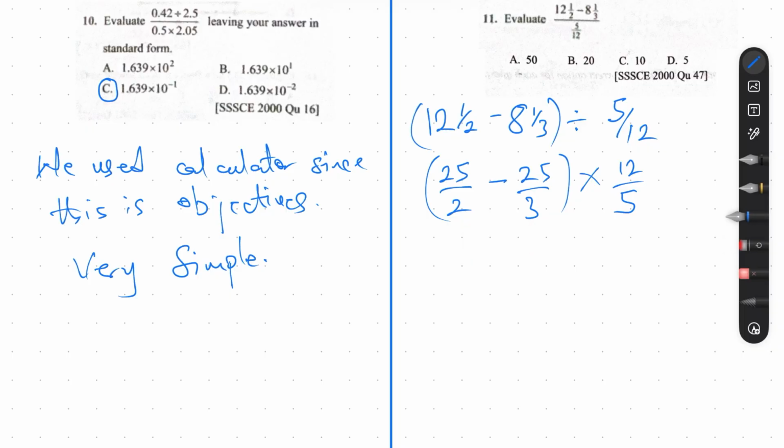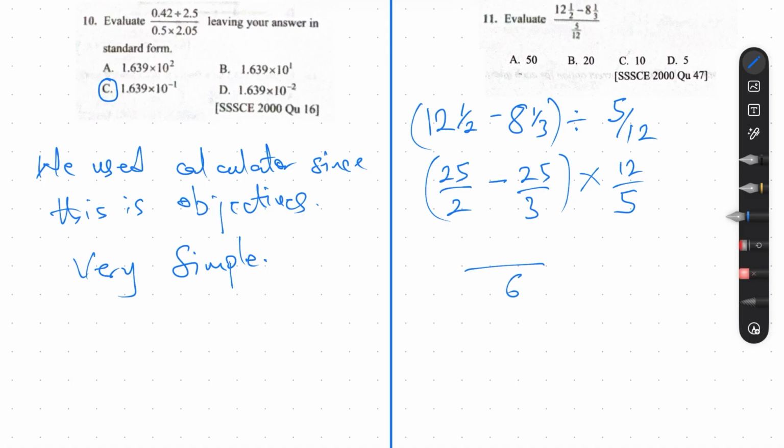LCM means least common multiple. So what's the least common multiple of 2 and 3? You can easily say 6, right? Because 6 is a multiple of 2 and it's also a multiple of 3. So let's use 6.